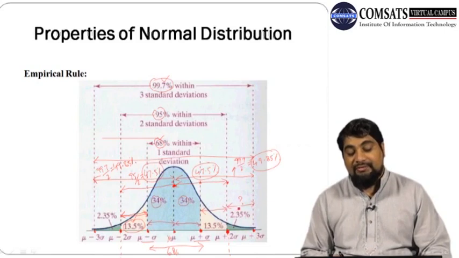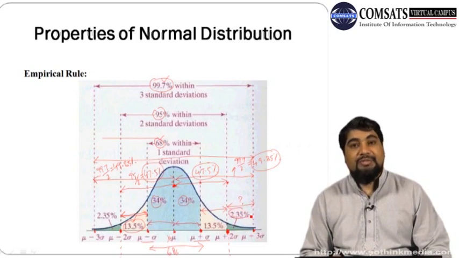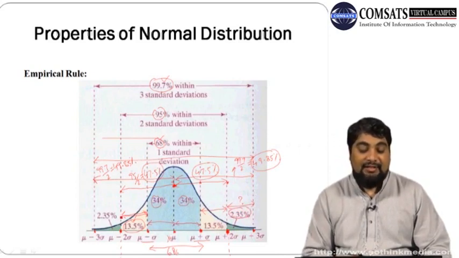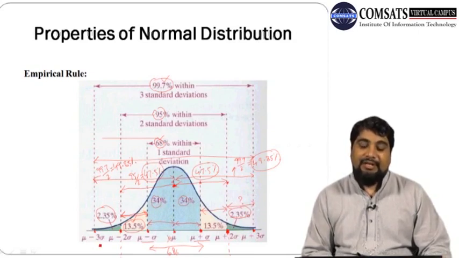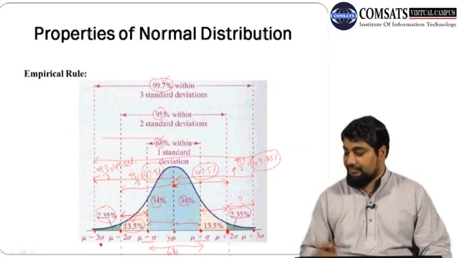So just take the difference of these two areas. 49.85 minus 47.5%, so you get 2.35%. Similarly, on the right hand side we have the same area. So this is how we can use the three empirical rules to calculate different probabilities.